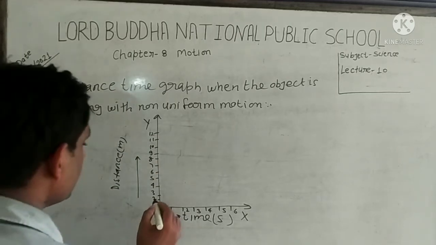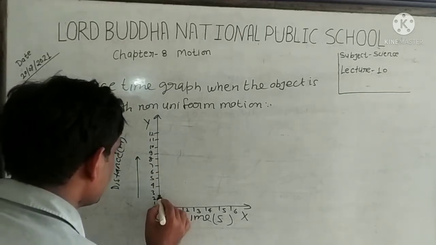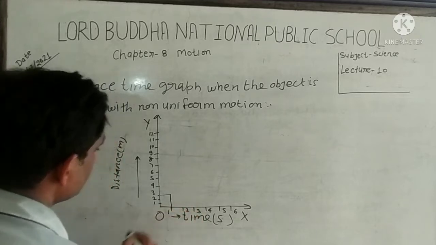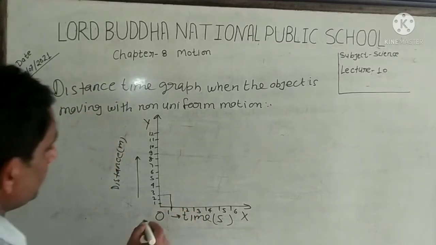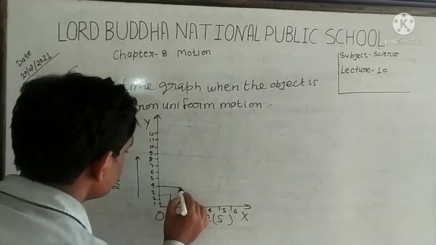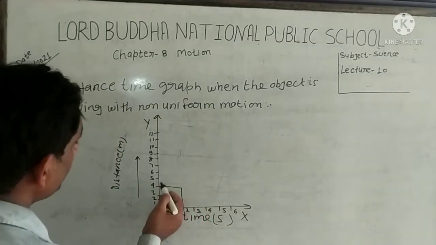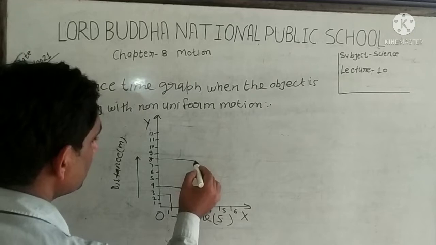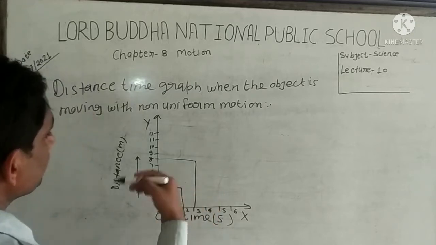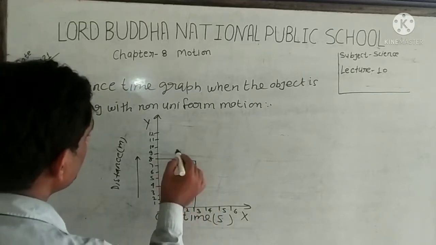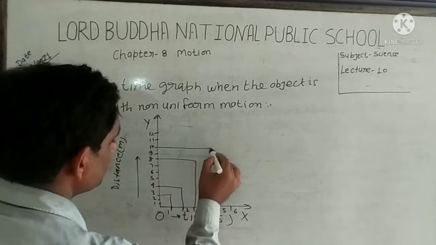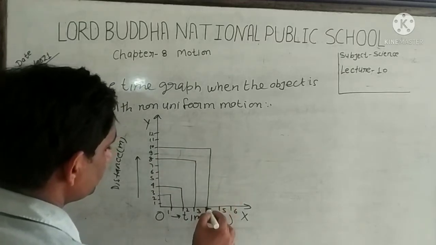We see that the object in the first second travels 3 meters. In the next second, it travels 1 meter. In the next second, it travels 4 meters, making 8. In the next second, it travels 2 meters.